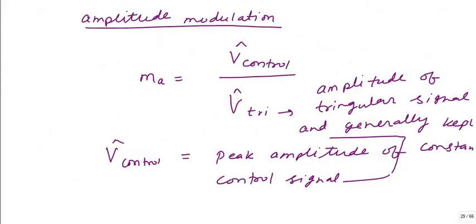Now I introduce the term amplitude modulation. Amplitude modulation is given by the peak amplitude of this reference signal and the peak amplitude of this carrier signal.